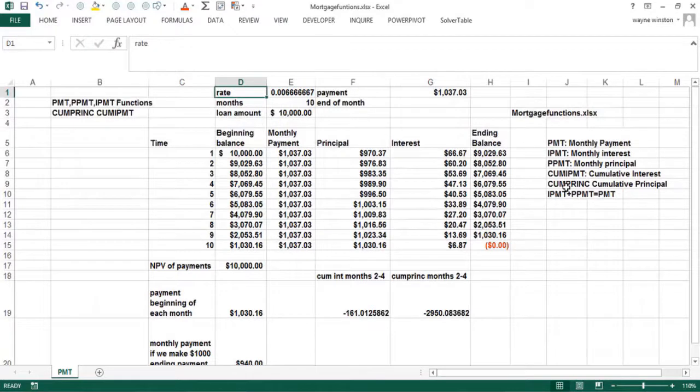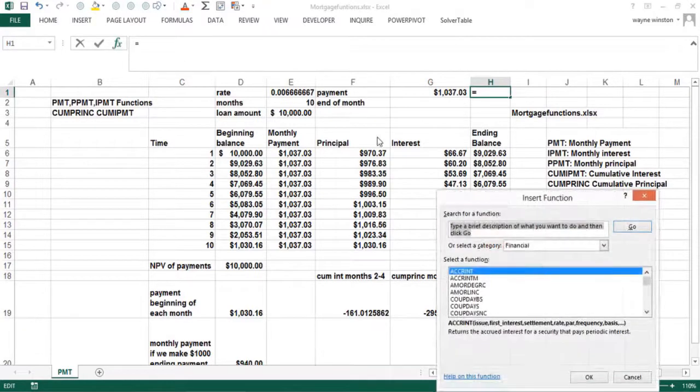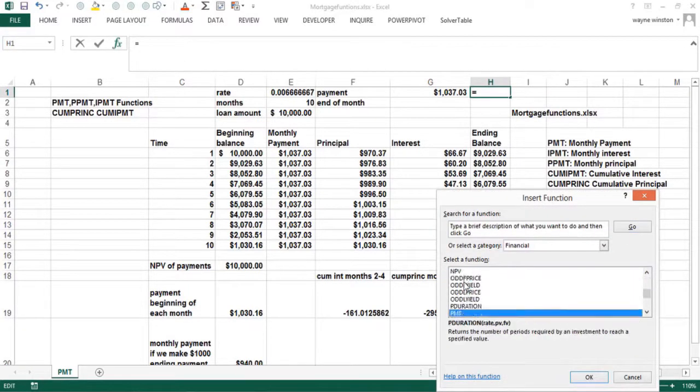Okay, so remember in these functions, the argument 0 means end of the period, and the 1 means beginning of the period. Okay, so we can use the function wizard here. If you go to little fx and you go to financial functions and you type PMT.